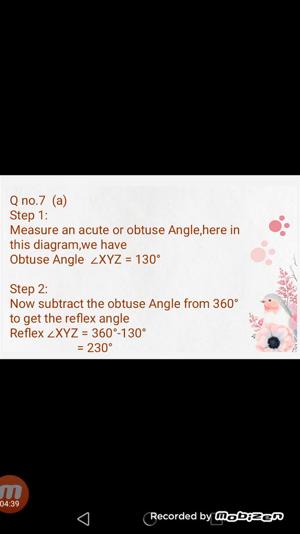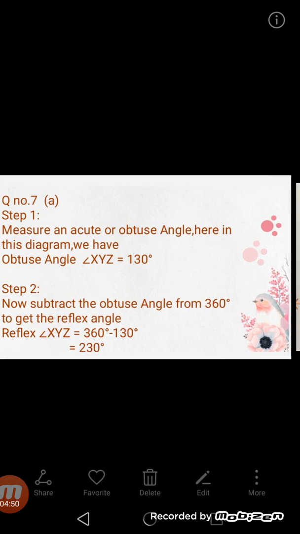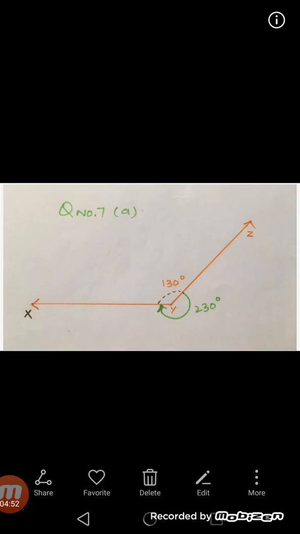So we will write like this: reflex angle XYZ is equal to 360 degree minus 130 degree, which is equivalent to 230 degree. And now you can see in the diagram of question number 7, part A, 130 degree is the internal angle which was given, and we subtract 130 from 360. So the reflex angle is equivalent to 230 degree outside the angle.